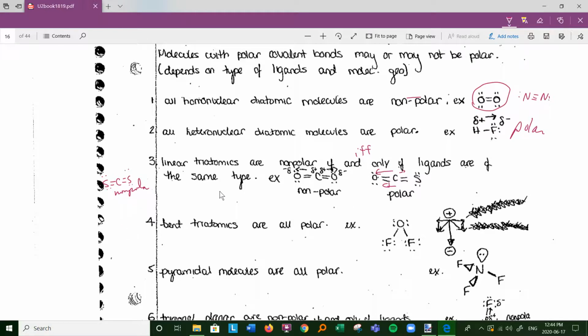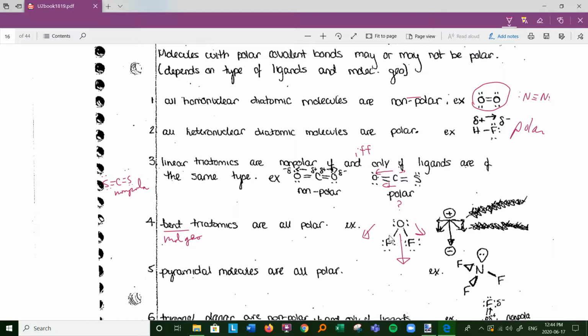Bent triatomic molecules, they're all polar. Anything that has a molecular geometry that is bent, however it's bent off of, it is going to be a polar molecule. So oxygen difluoride is a polar molecule because you have the 2 bond dipoles, so they add together, so you have this big push down, but you don't have any ligand above to cancel that out.